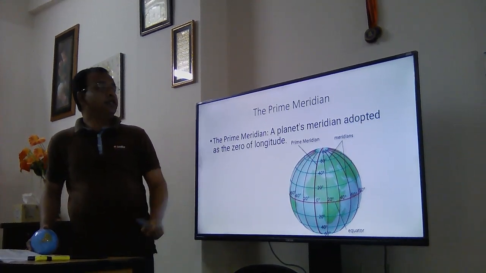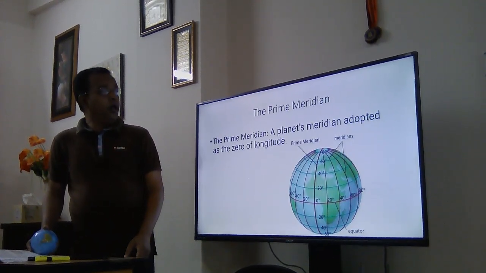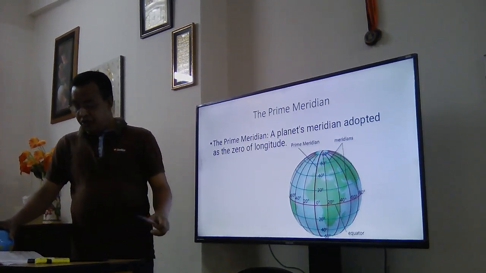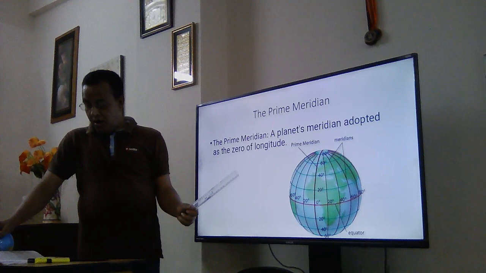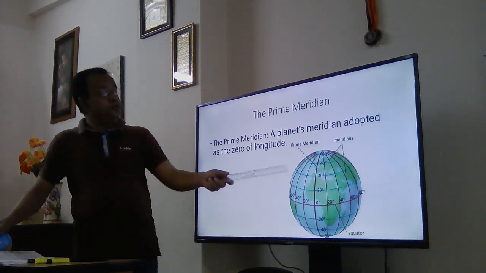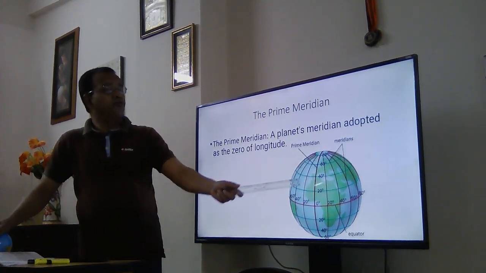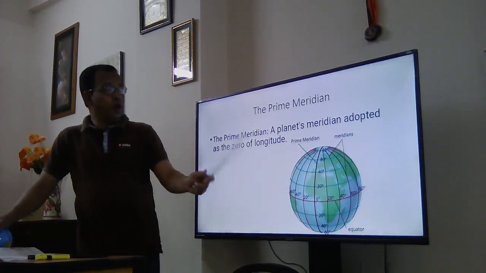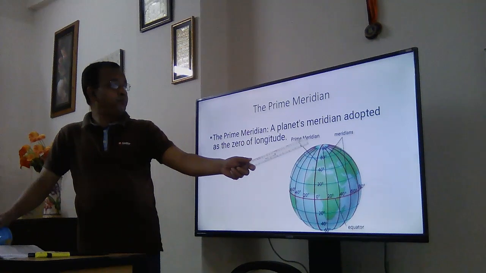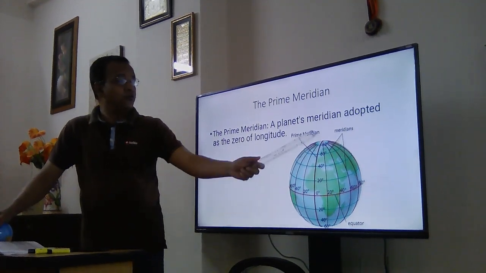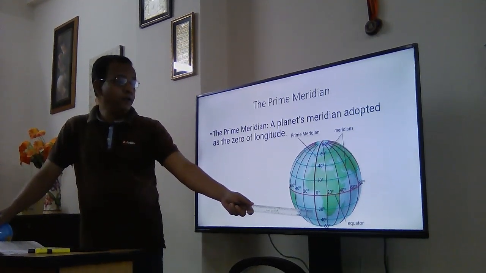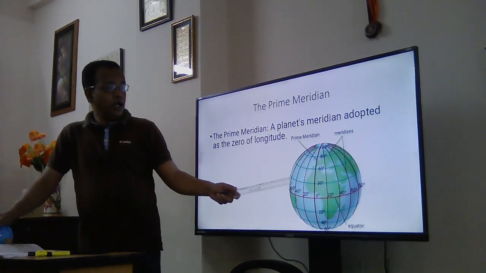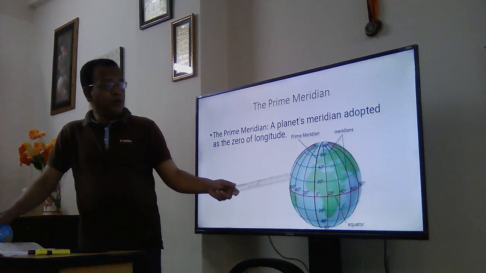Internationally, it is the line drawn at Greenwich in London over the Royal Observatory, 0 degrees, used for calculating world time and standard time. From the prime meridian to east or west we always have to calculate time.